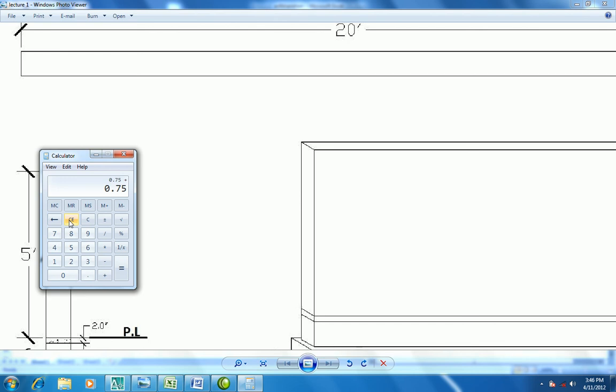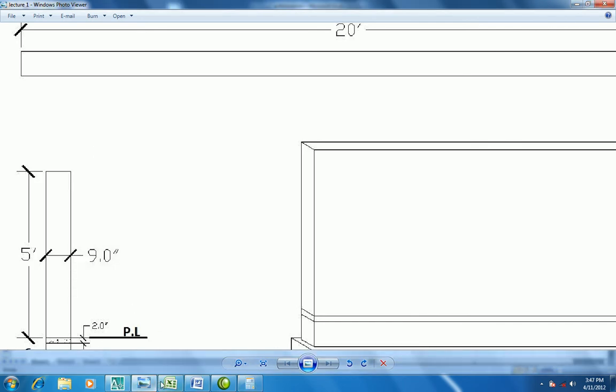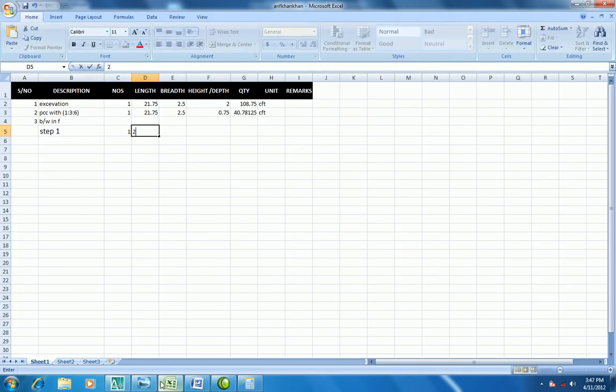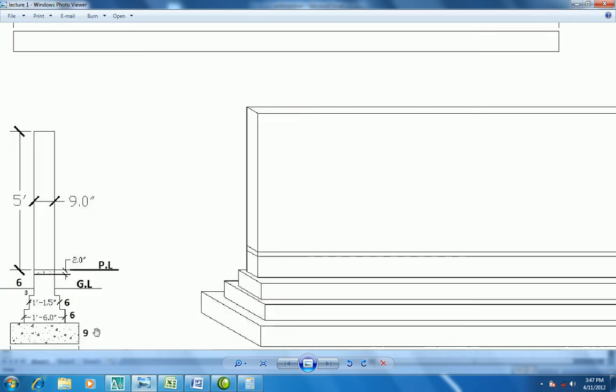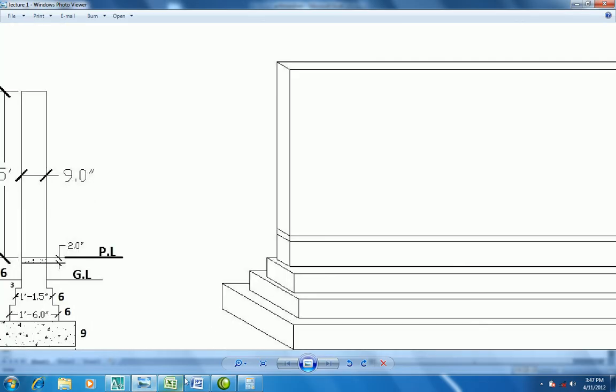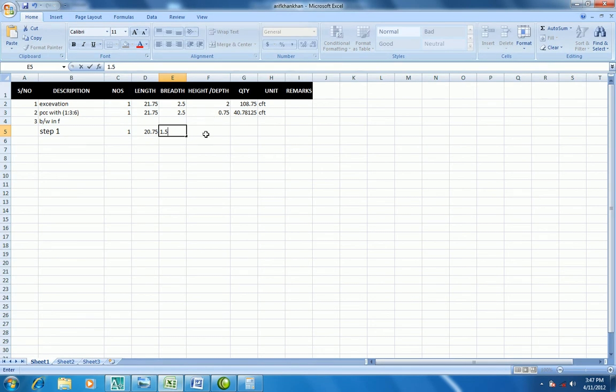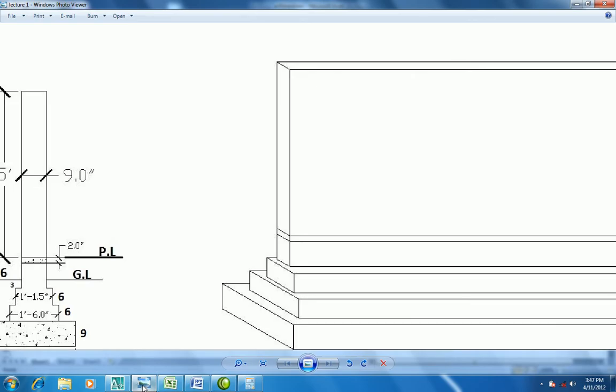So the length of the wall with us is 20 feet, that's okay. So 20.75 feet, that's okay. So let me draw it here, 20.75 feet, that's okay. So the breadth with us, 1.5. We have 1.5 the breadth of the step 1, that's okay. And its height or depth with this is 6 inches.